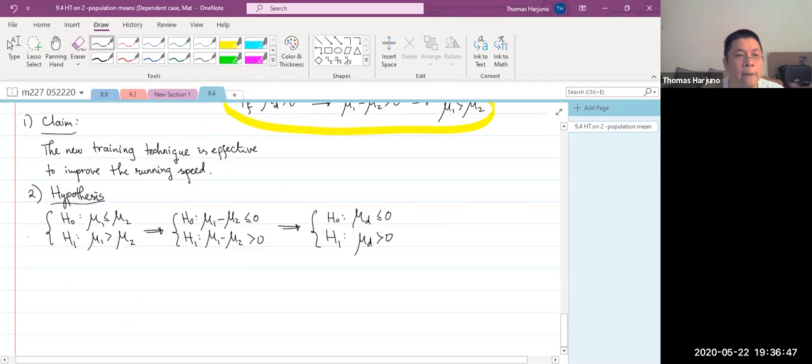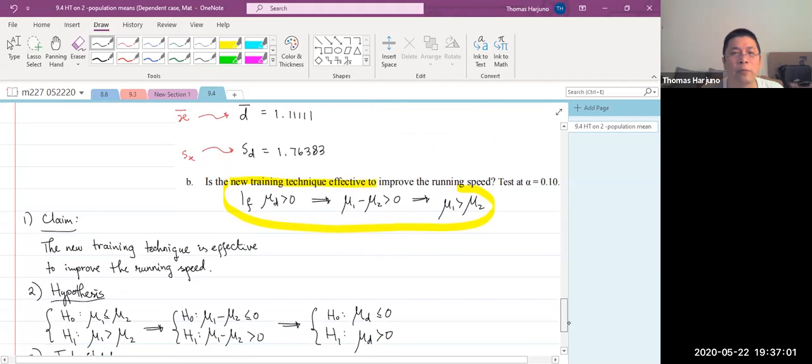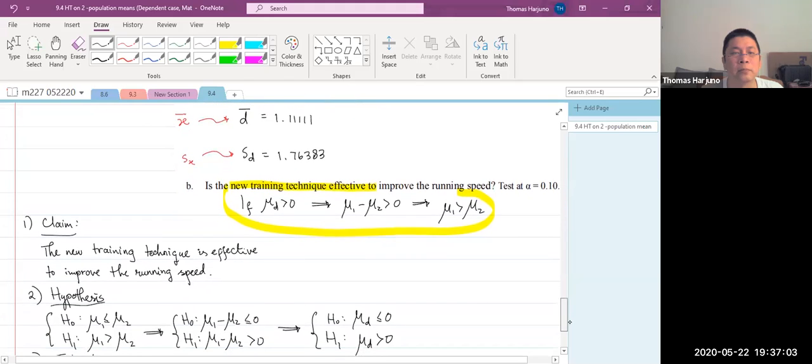Now then, test statistic. Maybe I give you a couple minutes to do this, maybe 4 minutes. Okay, continue on step 3, 4 or 5 minutes.